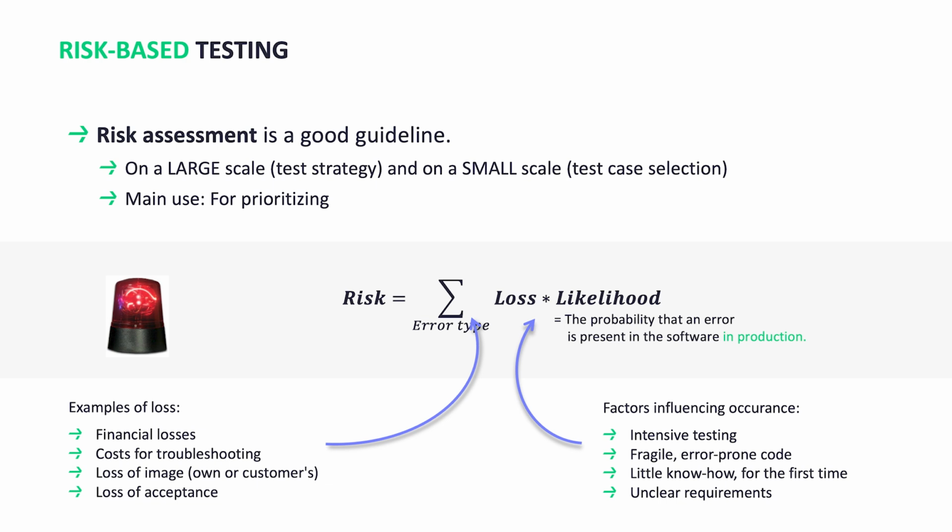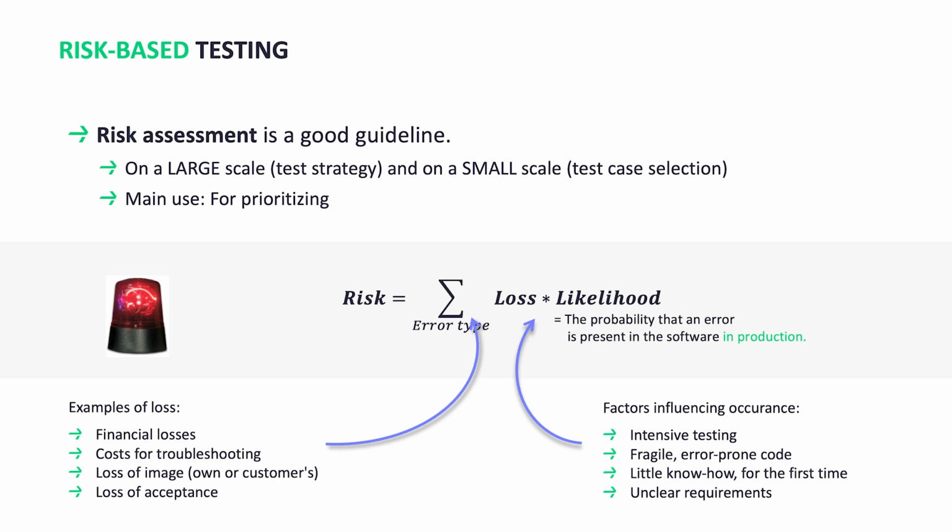The risk-based test approach is based on the fact that risk minimization is a central test objective. Only the risks associated with quality deficits in the software are considered. Risk is defined as the loss caused by an error in production multiplied by the probability that this error will occur in production, and the whole summed up over all conceivable errors. The loss caused by an error cannot usually be influenced, but is defined by the problem, i.e., the project object and the context.